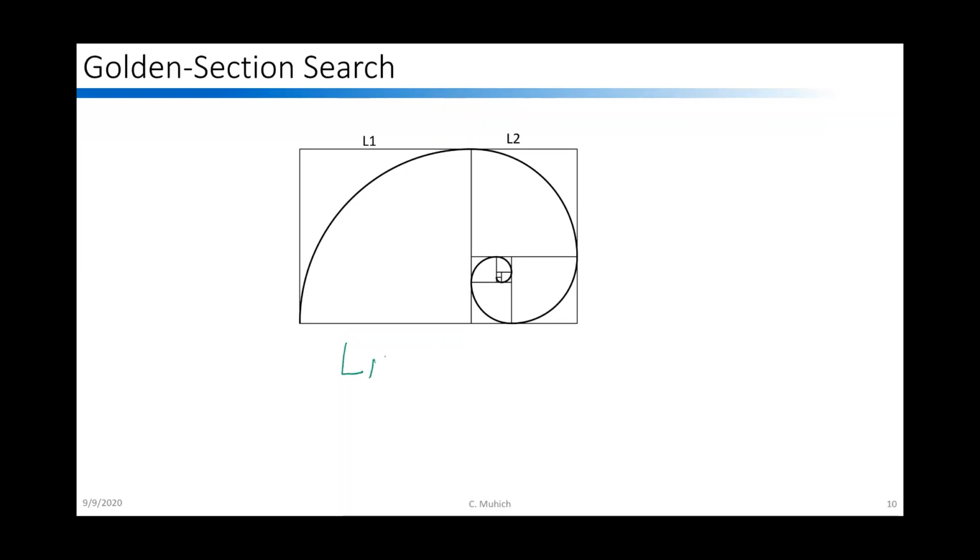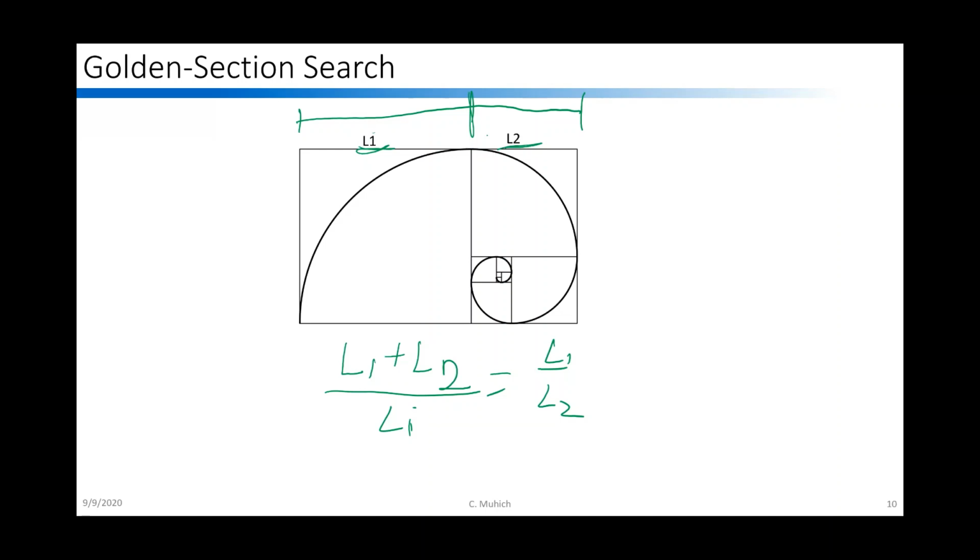And the golden ratio is this rule that says (L1 plus L2) over L1 is equal to the ratio of L1 over L2, right? So if I look at the whole length of this line and its proportion to just L1, the proportion is the same as L1 is to L2.